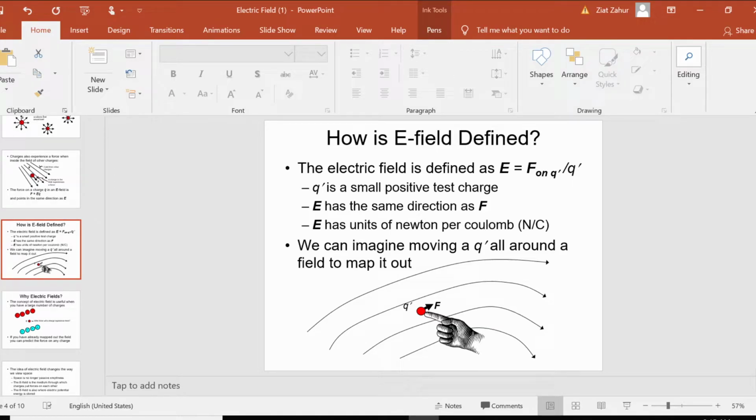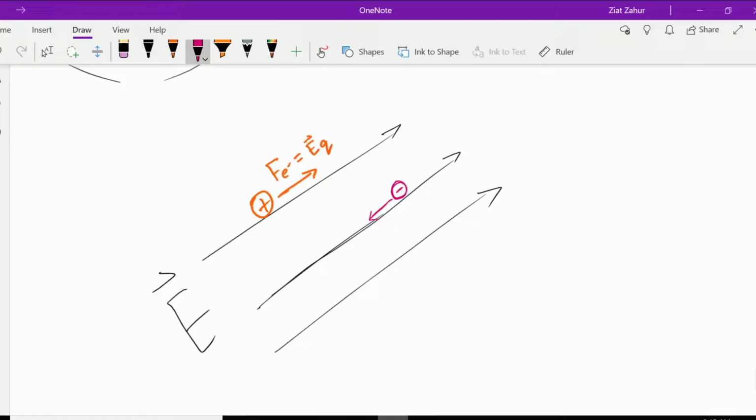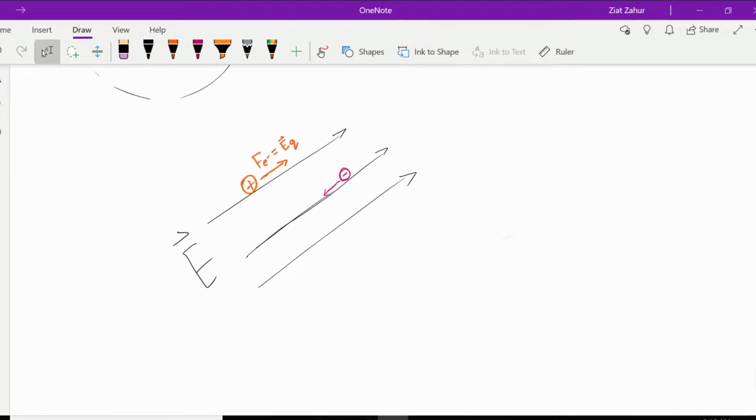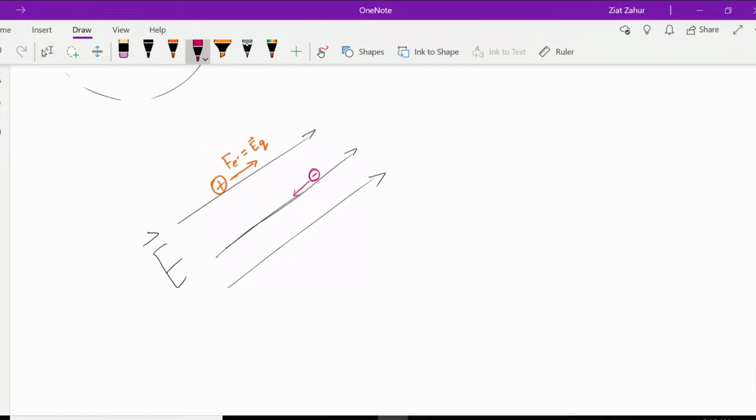Okay. So in this slide, we have the equation E is equal to F over Q. So force is equal to EQ. To find the electric field, if I know the force on the charge, F electric, I can divide it by Q to get the electric field.